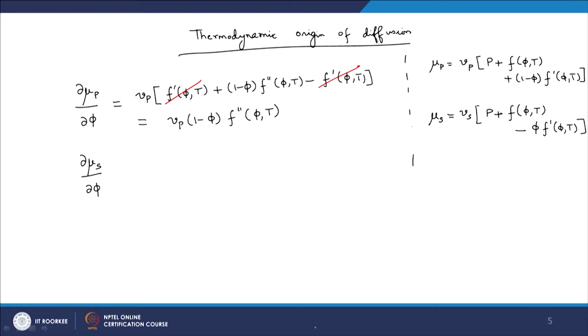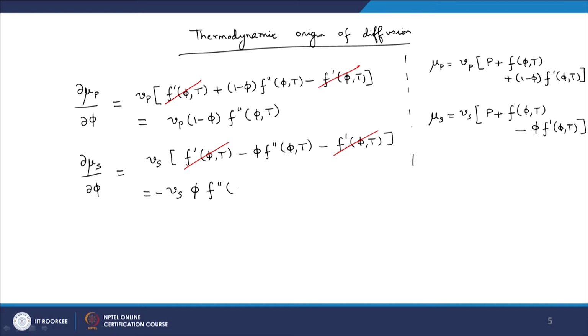If I take a derivative with respect to the volume fraction, I will get V s multiplied by f prime of phi t minus phi f double prime of phi t minus f prime of phi t, and we have cancellations, and what we get is V s minus V s phi multiplied by f double prime of phi t.